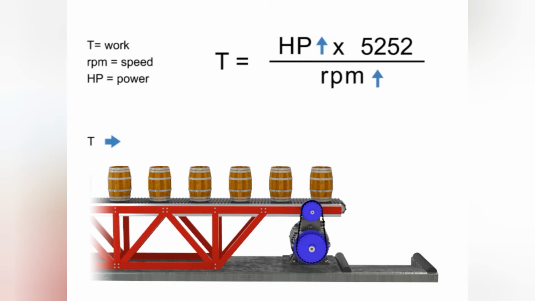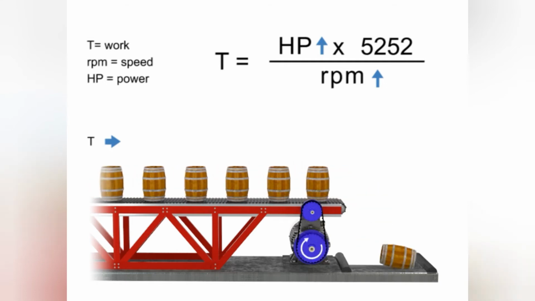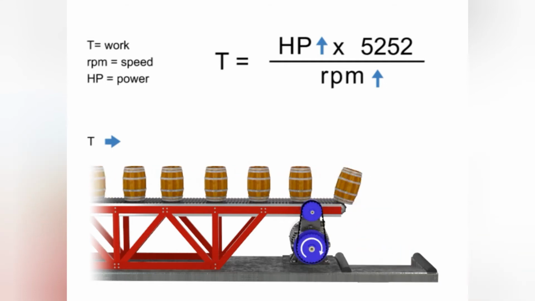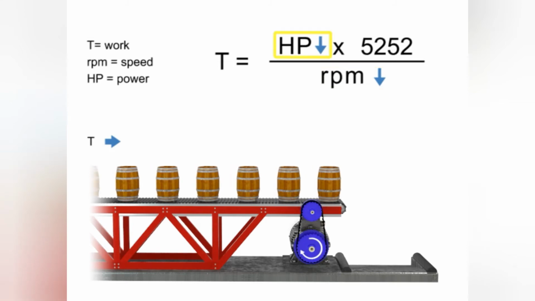In other words, a more powerful motor is required to produce the same amount of torque more quickly. Similarly, the opposite is true. If we wish torque to remain constant and decrease speed, then the horsepower of the motor also decreases.